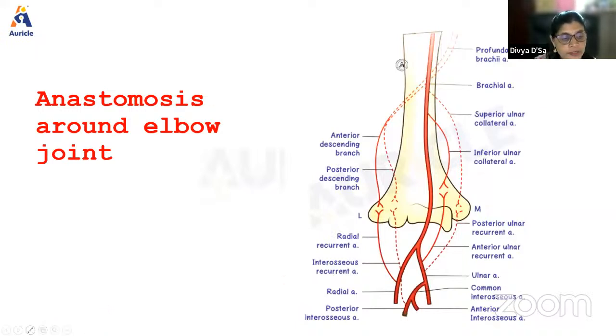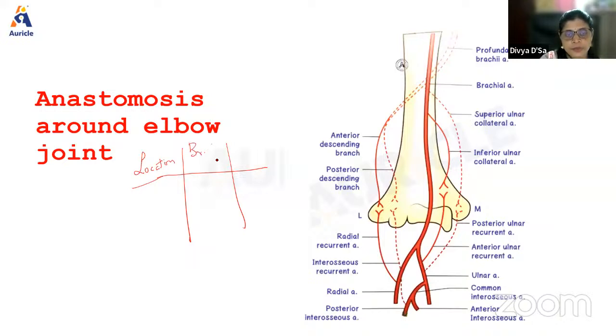What you can do is make columns and write, anastomosis around the elbow. You will write the location, and branch from brachial or profunda, and branch from ulnar or radial.